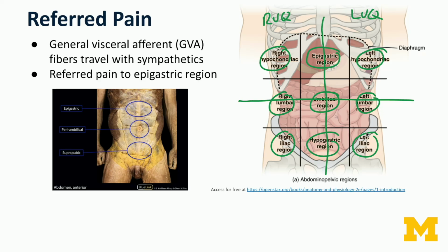And because those sympathetic fibers are coming from the celiac plexus and up through the thoracic region, referred pain from the stomach is going to radiate in the epigastric region. So if you were to palpate where your ribs and sternum end, that's your epigastric region, and that's where you're going to feel referred pain from the stomach.